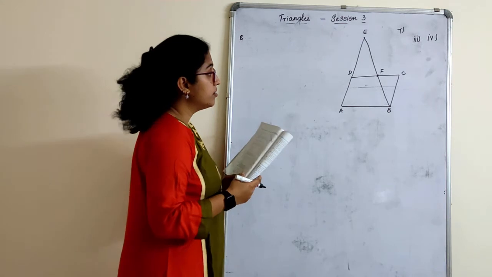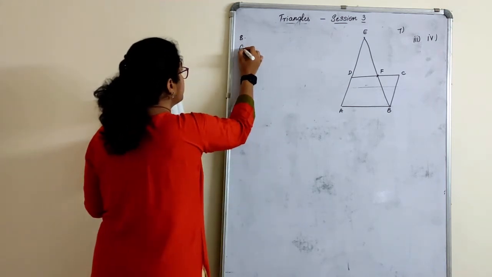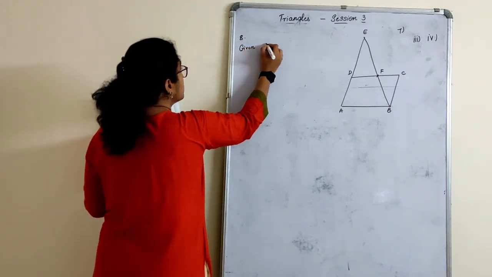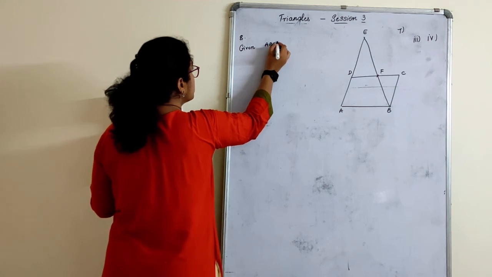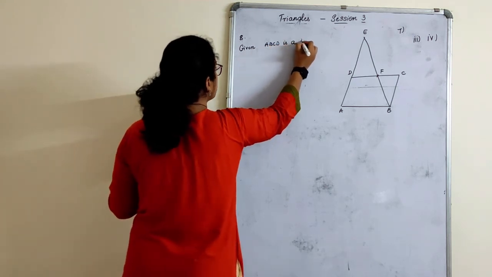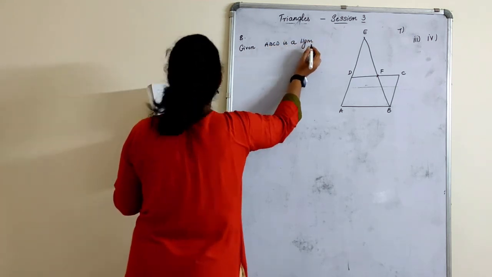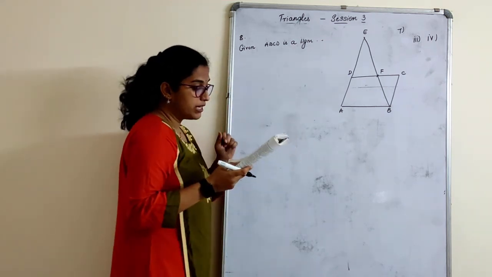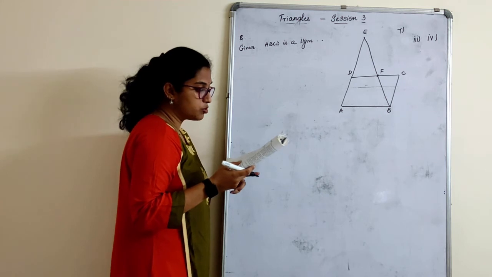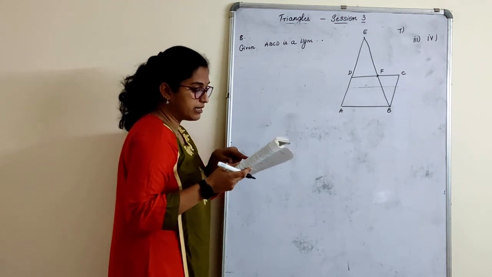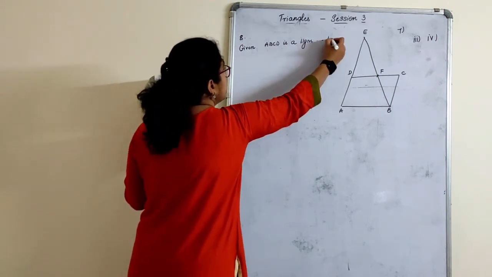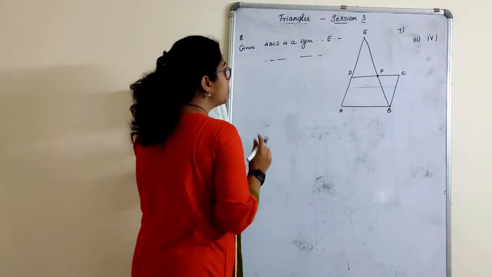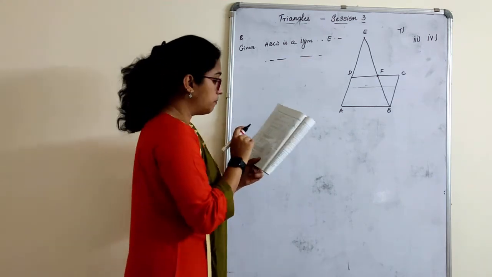Okay, ABCD is a parallelogram. Then please write the same statement here. E is a point on side AD produced of the parallelogram ABCD to intersect CD at F. The same statement you will continue for what is given in the given part here.